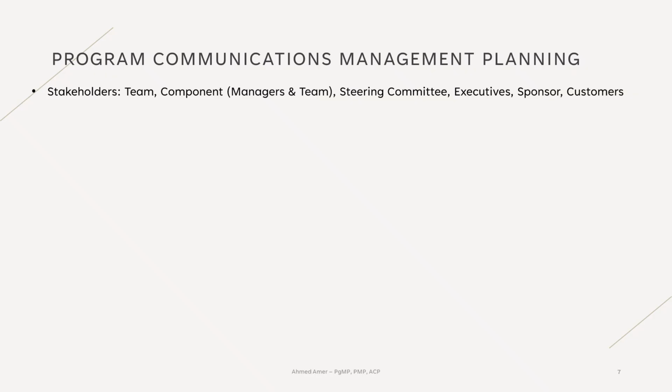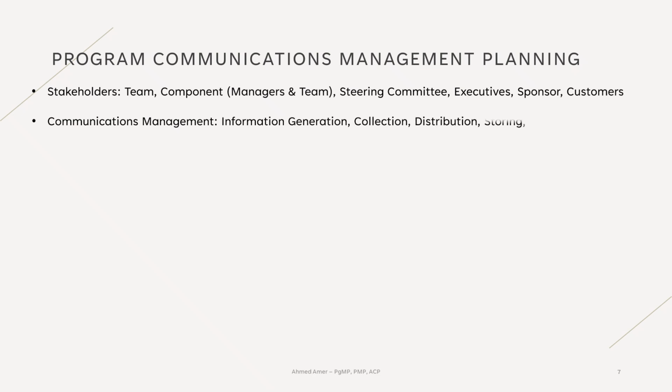Program communications management covers everything involved in making sure the right information gets to the right people at the right time. That includes information generation, collection, distribution, storing, and retrieval and disposition. Think of it as the information circulatory system of the program.